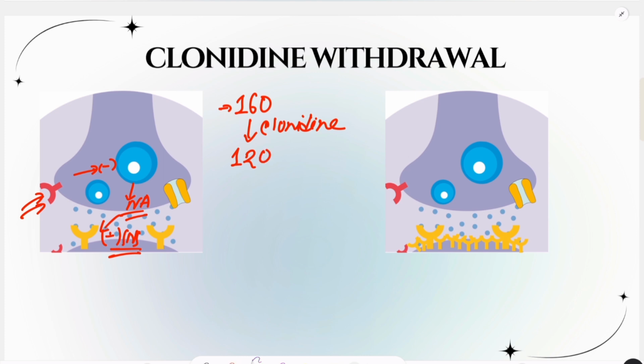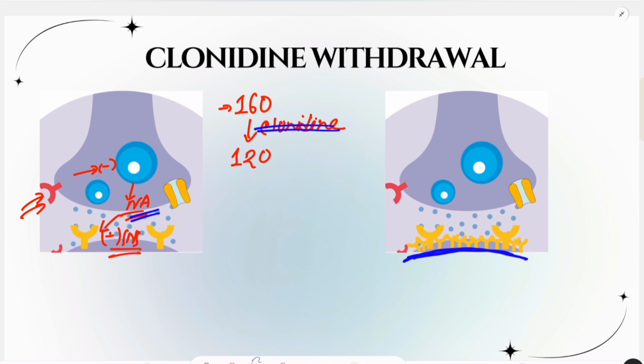But after 5 or 6 months of treatment, suppose we suddenly stopped the clonidine. During the time of clonidine treatment, as there was no noradrenaline in the synapse, the receptors on the postsynaptic cleft are upregulated. So there is an increased number of alpha and beta receptors in the postsynaptic cleft.